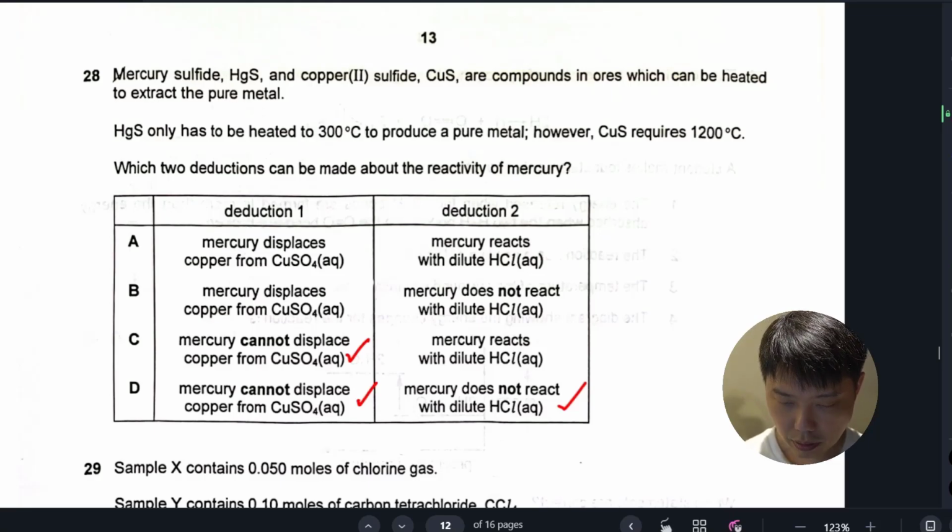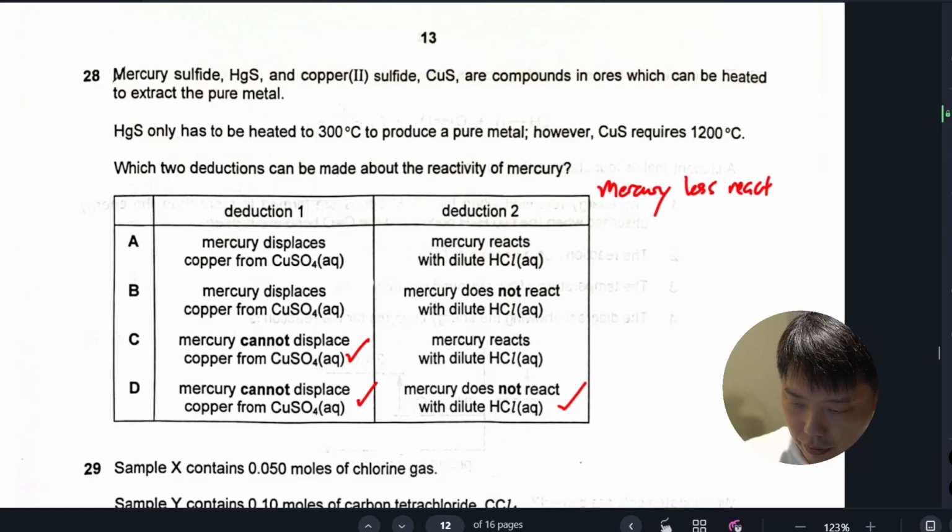If you look at the data, 300 versus 1200, it means that mercury sulfide needs a lower extraction temperature, which means that mercury is less reactive than copper, which means that mercury cannot displace copper from its compound.